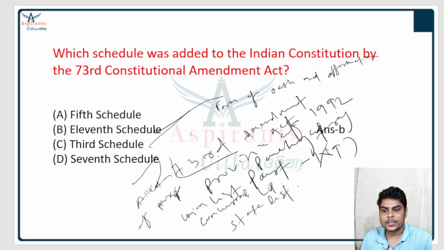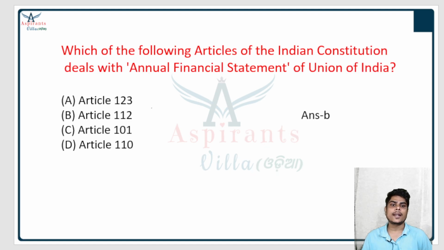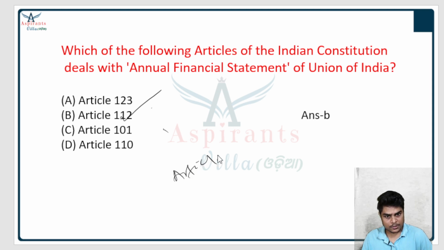Move on to the next question. Which of the following articles of the Indian Constitution deals with the annual financial statement of the Union of India? The right answer is B, Article 112. And Article 110 deals with the definition of the money bill.